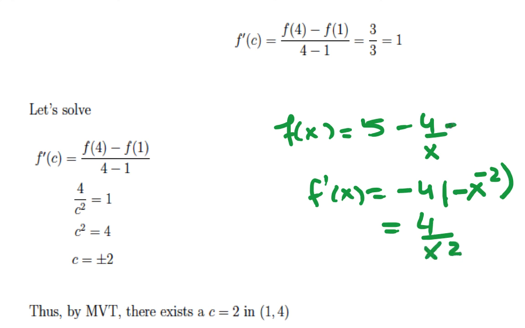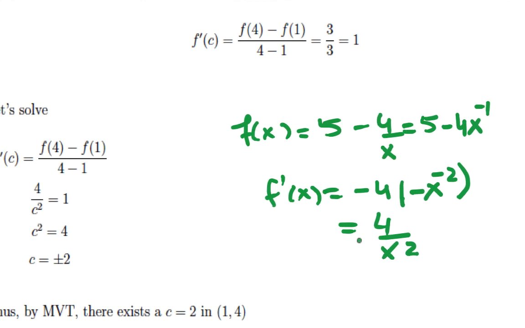Remember, we can also write this as 5 minus 4 x inverse. So f prime of x is 4 over x squared.